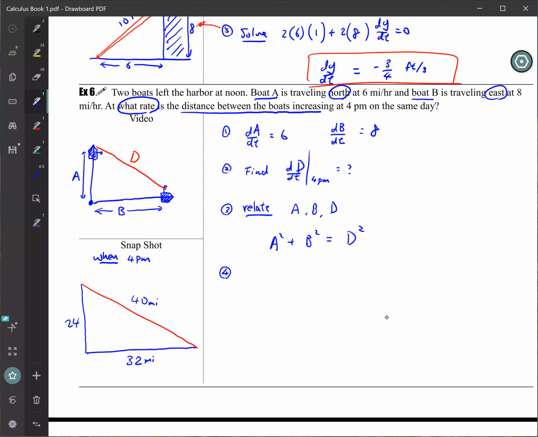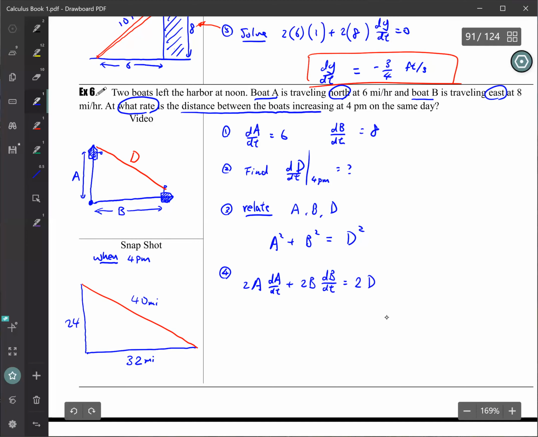Okay. So if we prime both sides, right? So it will be 2a dA/dt plus, okay, how do we carry on here? Nicole? 2b dB/dt equals 2D dD/dt.